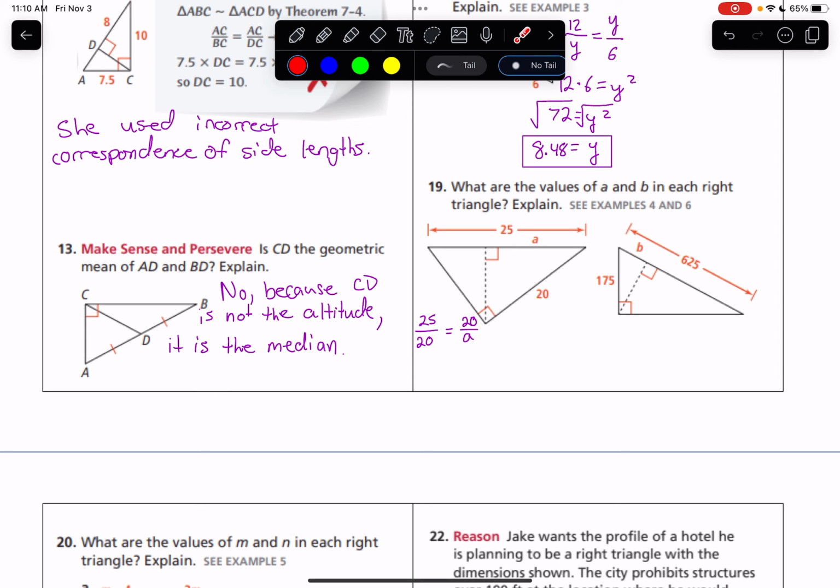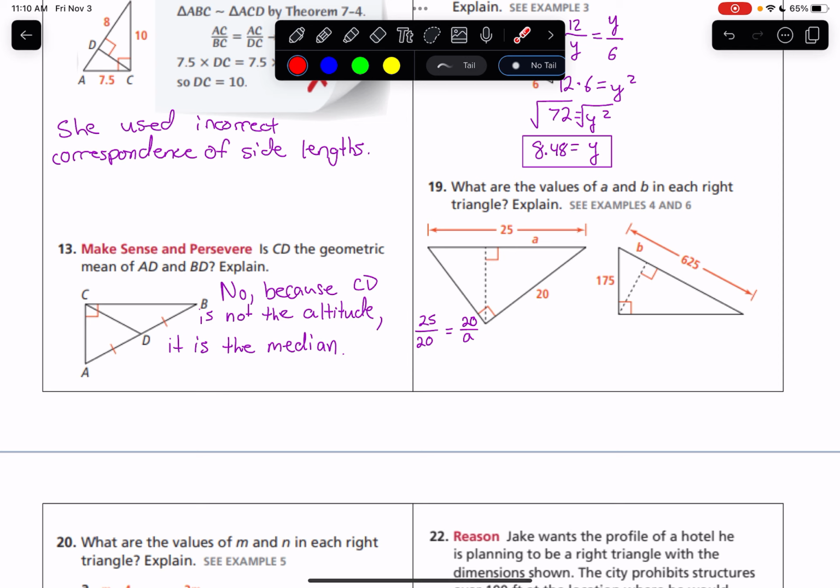Ooh, we've got some quadratics. So here, if I want to find the values of m and n, again, I'm looking for proportions. I see that I have the medium side and short side of my medium triangle and the medium side and short side of my small triangle. So I can say 2m over 8, medium side over short side, equals 8 over m minus 4, medium side over short side.